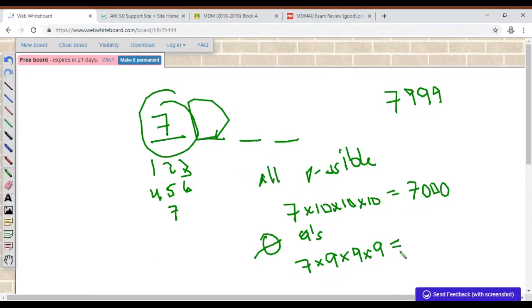So 7 times 9 times 9 times 9 is 5103. So of the 7,000 numbers, 5,103 of them have no 9s whatsoever, which means the remainder of them, by subtraction, will have at least 1 9: 1897.